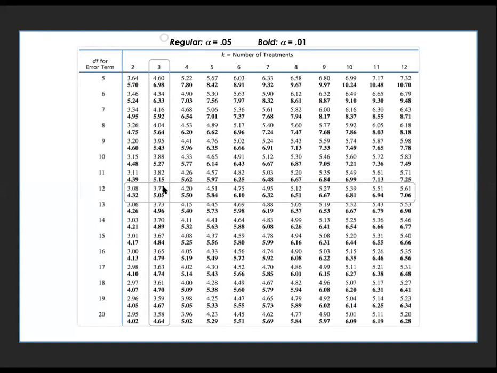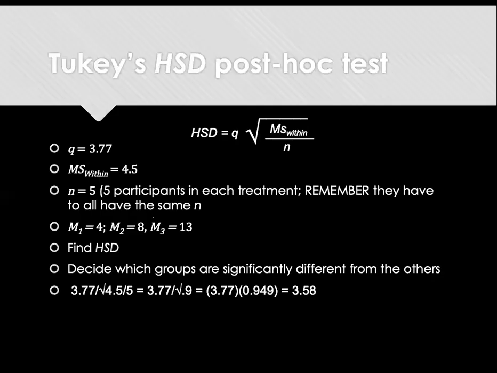Here are the magic Q values, depending on whether you want 0.05 or 0.01. So let's say we're going to use 0.05 as our critical value. So Q equals 3.77 from the table.